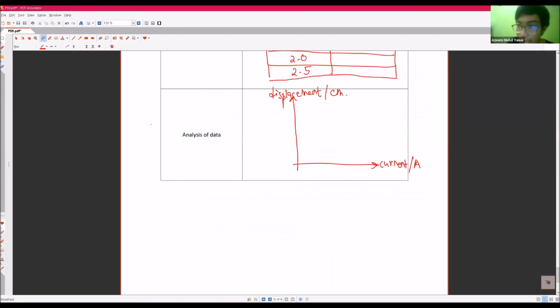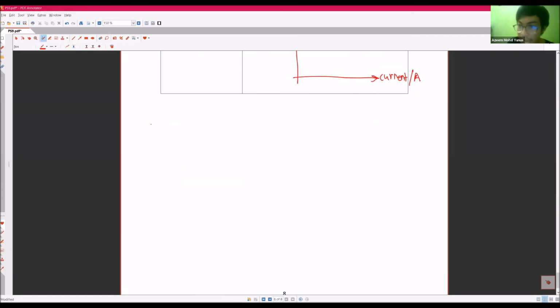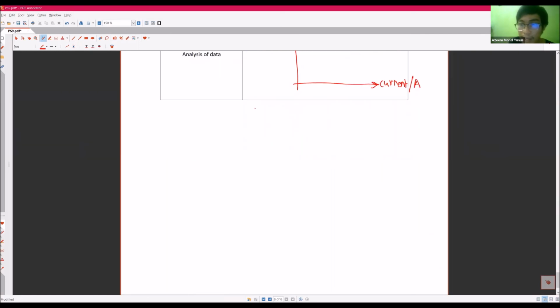But before we end our video, let's check what other experiments share the same experimental setup. So basically, the factors that we are going to investigate, for number 1, other than current, is the strength of the magnetic field.